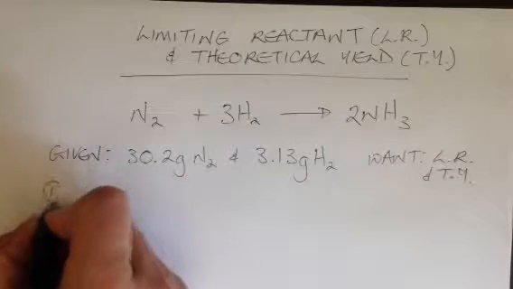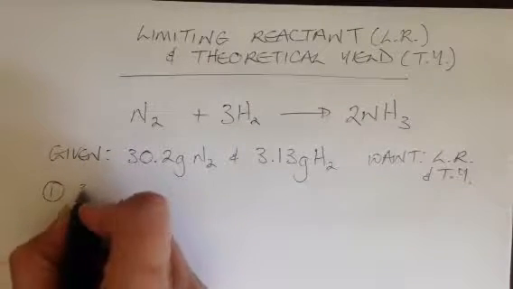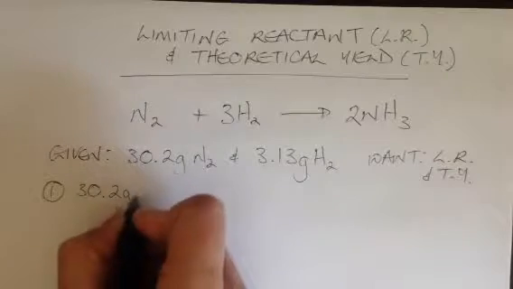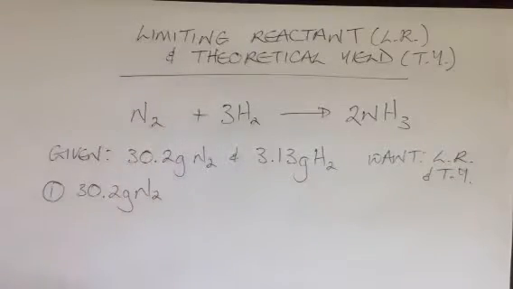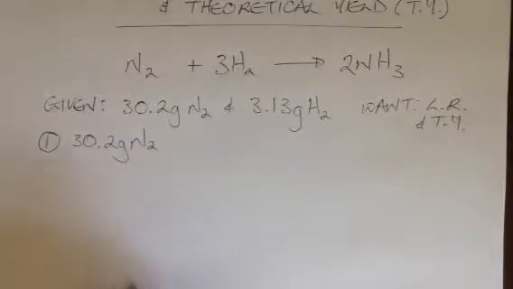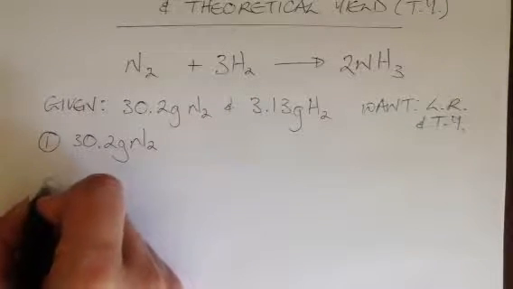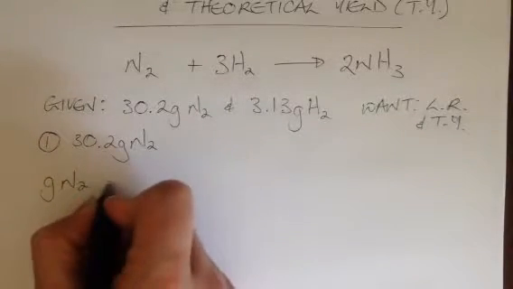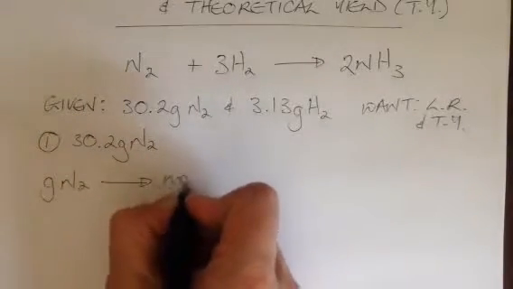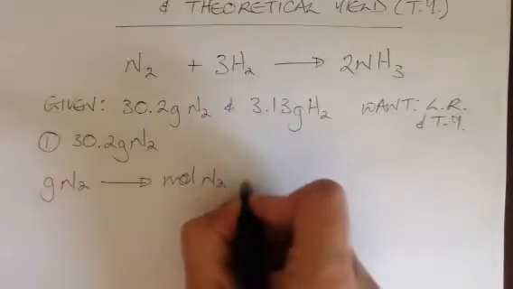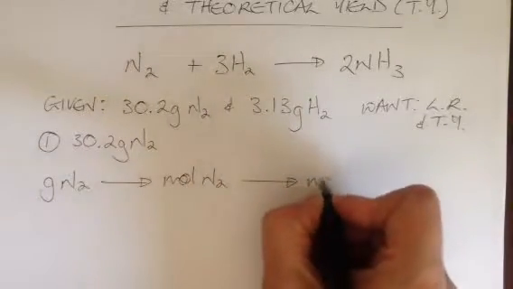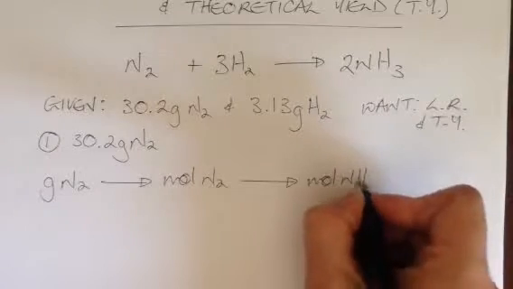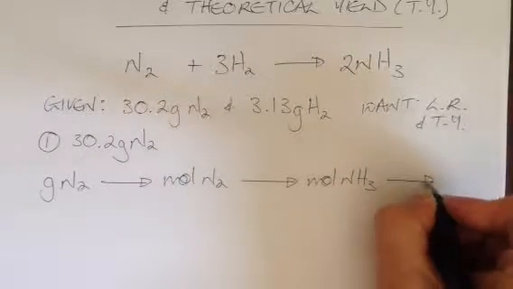Okay, so we've been given 30.2 grams of nitrogen. It's a mass-to-mass stoichiometry problem, so we go from grams of nitrogen to moles of nitrogen to moles of ammonia, because we're seeing how much ammonia we can make, to grams of ammonia.